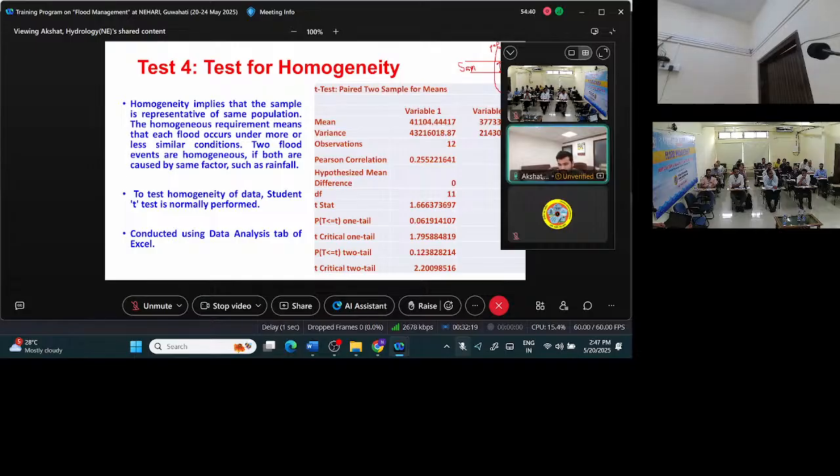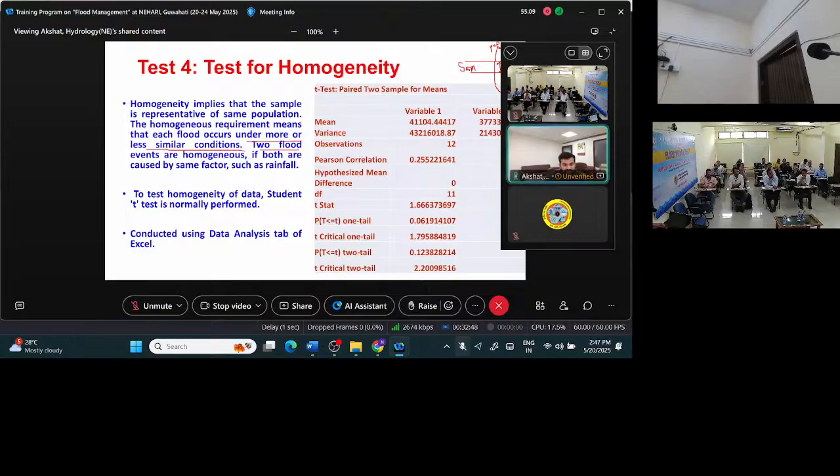We cannot have the whole population because we started taking data in recent times only and we have taken it up to the current time. However, the population means the oldest possible data which we have not taken, from that to the current time or even the future. So the homogeneity requirement means that each flood occurs under more or less similar conditions.